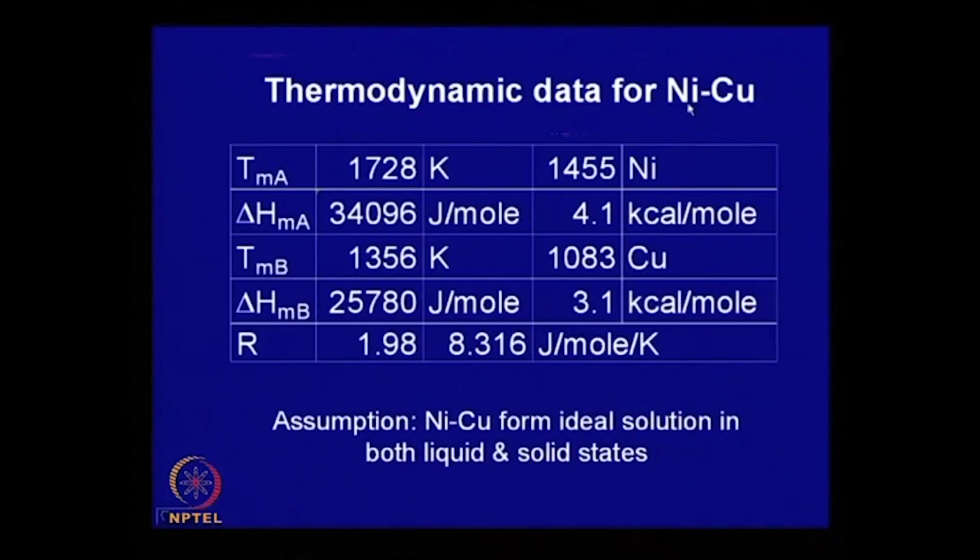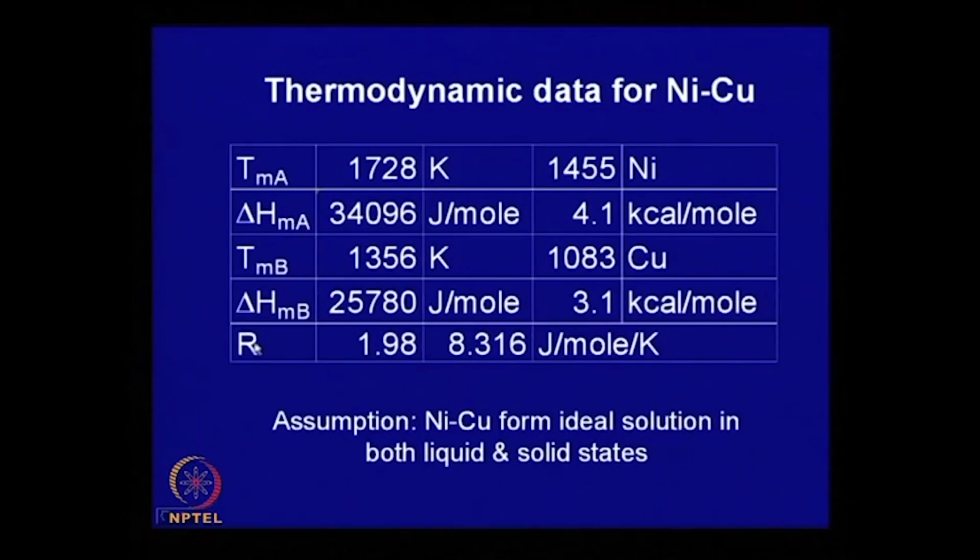If we take that example for nickel and chromium, we did it in one of the classes with arbitrary values for A and B. But if you substitute for nickel and copper, then their melting points are known. This is the melting point of nickel, this is the melting point of copper, this is the enthalpy per mole of melting, and this is the enthalpy change during melting, or latent heat of melting, for copper.